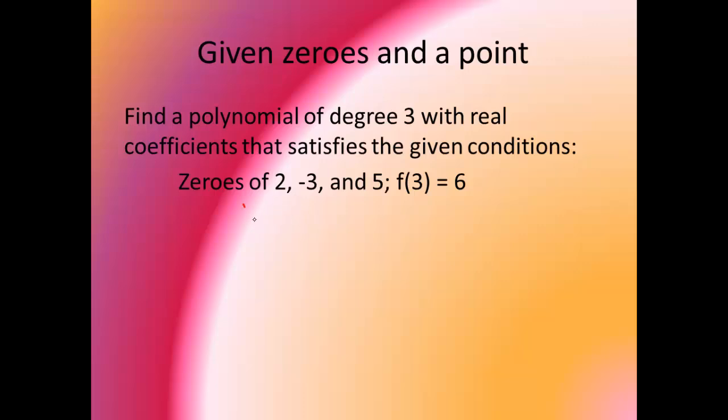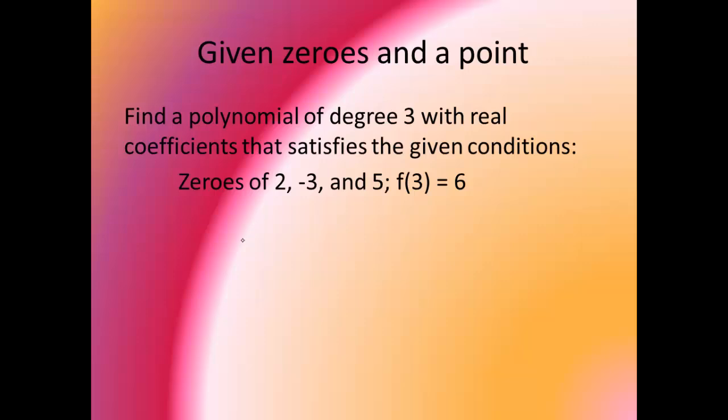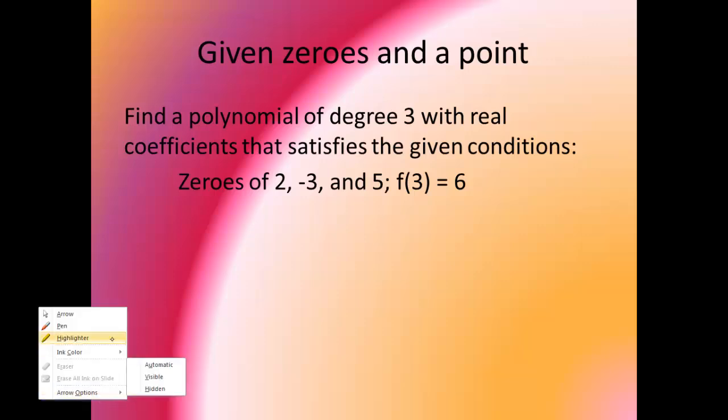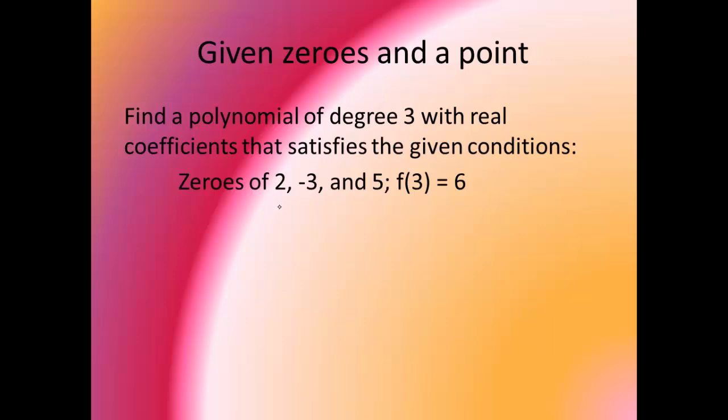So if I have a 0 of 2, that means x equals 2. What that does is it gets me a factor of x minus 2.